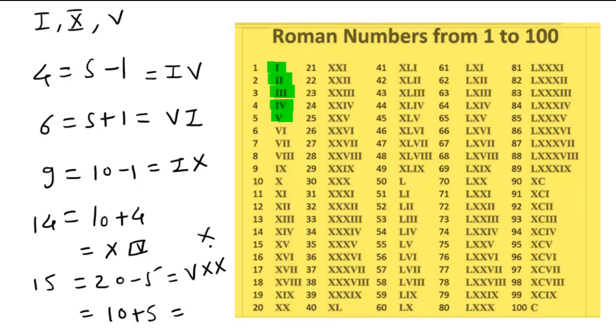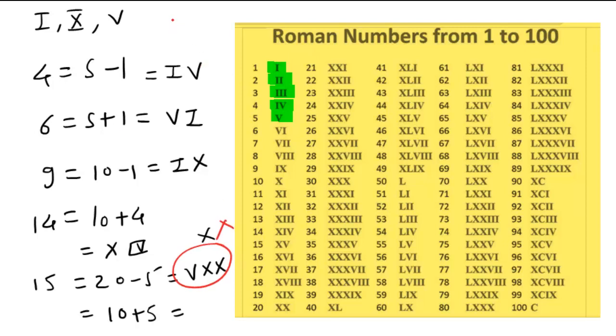But this is an invalid combination because here we are subtracting the V. So according to the subtraction rule, V cannot be subtracted from any number. So this is an invalid combination.